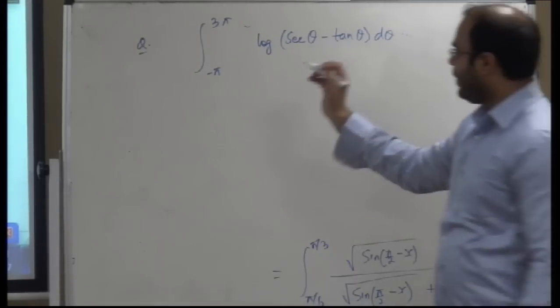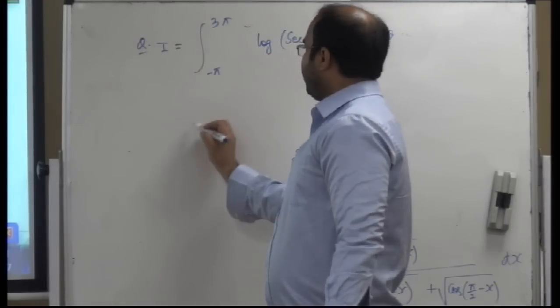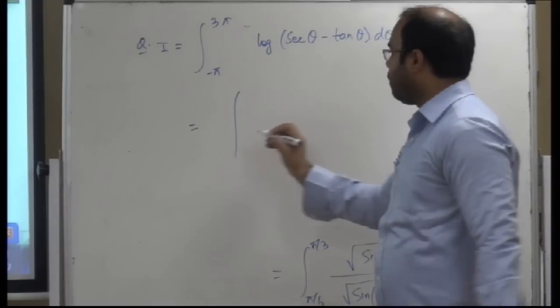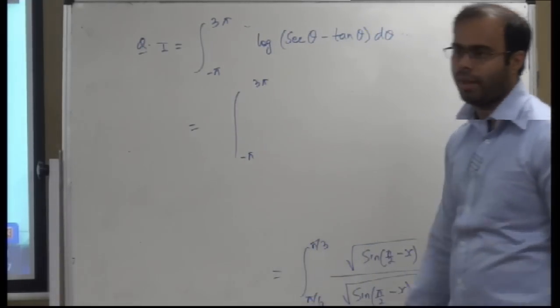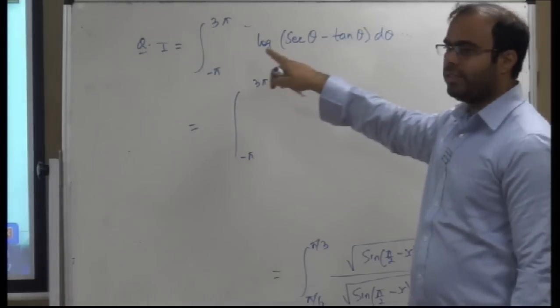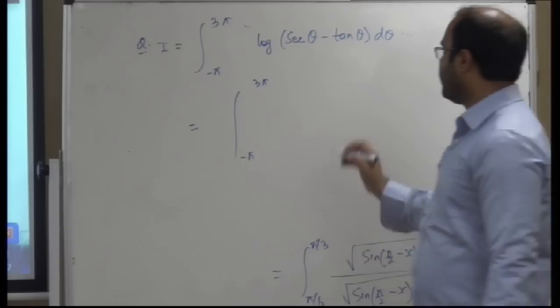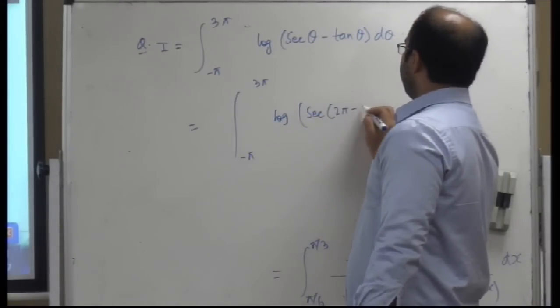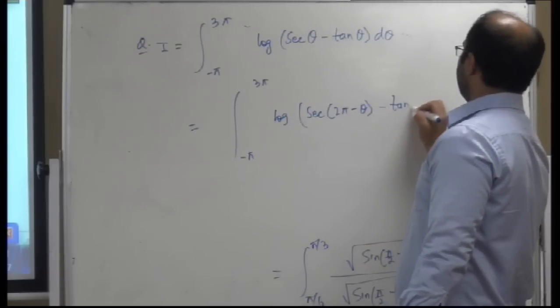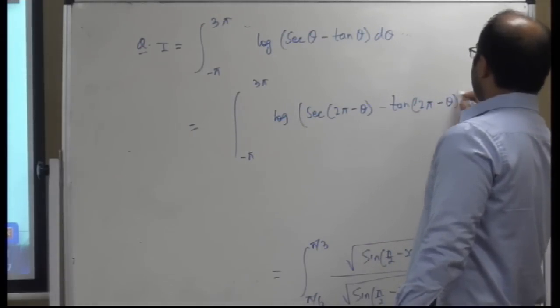Now this again we take as I, and what we do again by the property, minus pi to 3 pi, and what will be the addition of this? 2 pi. So wherever there is theta, you will write it as 2 pi minus theta. So this would become log of sec(2 pi minus theta) minus tan(2 pi minus theta) d theta.